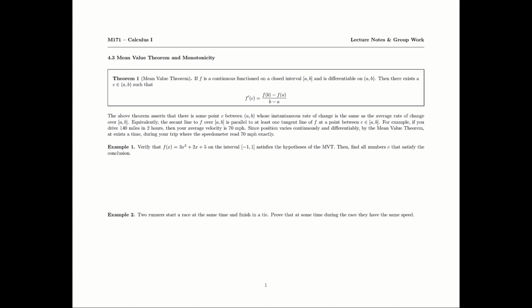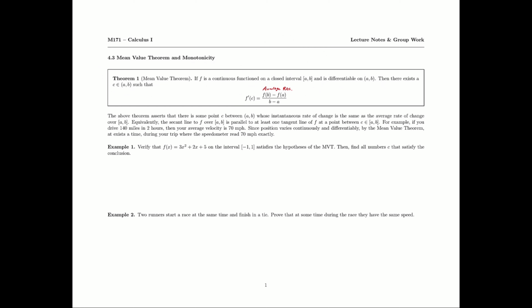So essentially, if we have a continuous function and it's differentiable, then the mean value theorem says there exists some value c that's neither a nor b, somewhere in the middle here, where the right-hand side is, of course, our familiar average rate of change, which I'll abbreviate ROC for rate of change.